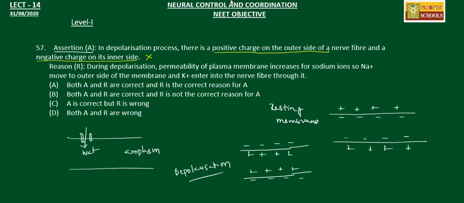Whereas the potassium ions, for the depolarization process, move out of the axoplasm. So this statement is also a wrong statement. So the right option for this, both A and R, that is assertion and reason, both are wrong. So option D will be the right option.